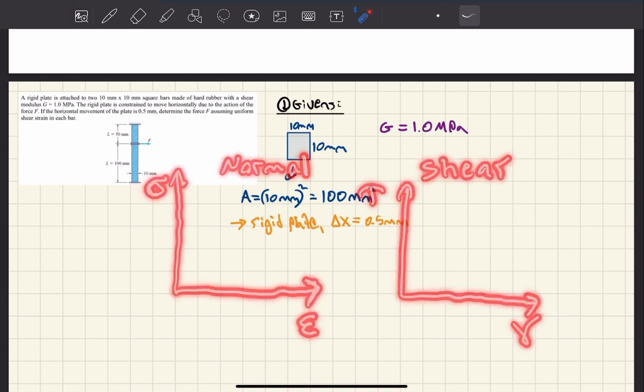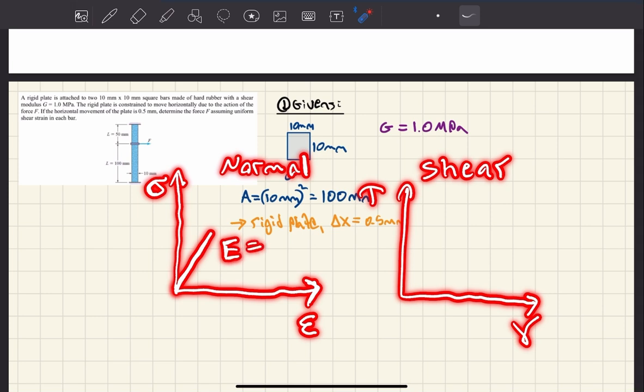On both of these diagrams, you have this linear region in the beginning. On the normal stress-strain diagram, it's called the elastic region, and it's represented by capital E, the elastic modulus or Young's modulus, and it is equal to the slope of this linear region, right? The slope of the line. So basically just sigma over epsilon, normal stress over normal strain. Similarly, you have this linear region on your shear stress-strain diagram, and it is defined as G, the modulus of rigidity, or the shear modulus, and it is again equal to the slope, so tau over gamma.